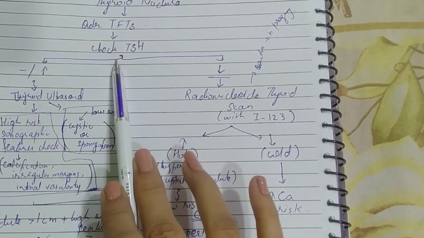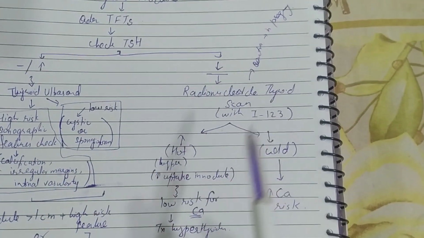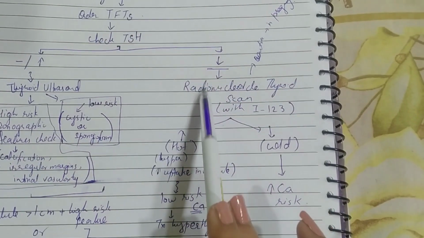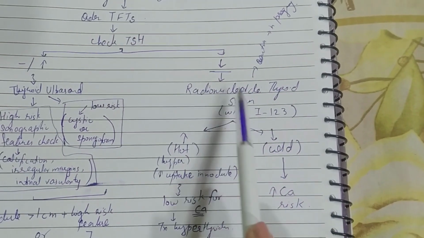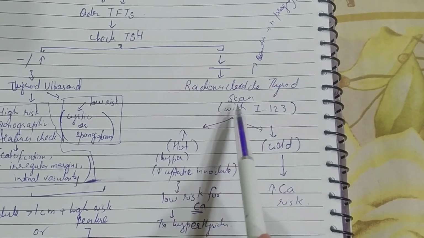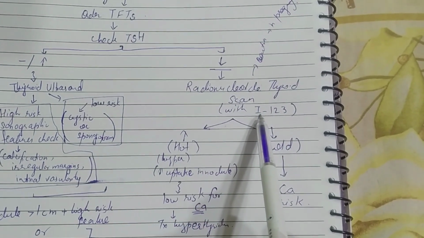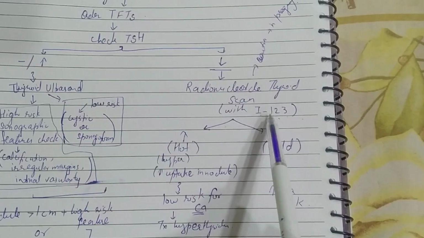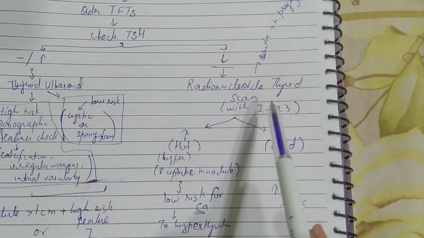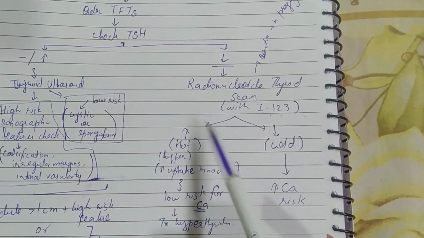Now, what if the TSH is decreased? We have to order the radionucleotide thyroid scan. This thyroid scan is done with radioactive iodine 123, and we check its uptake.